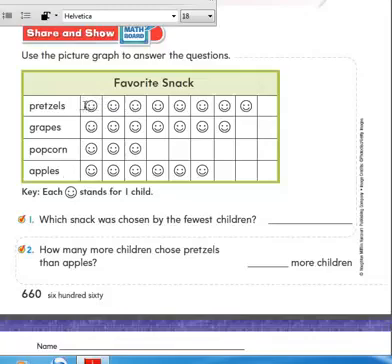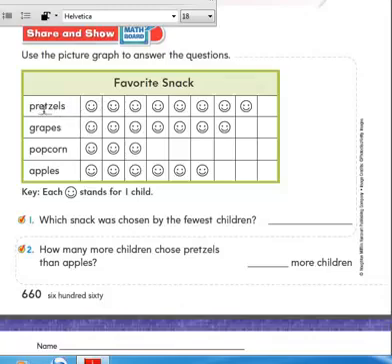And it put in each row some pictures, right? So each picture here represents what? I can get the key from the title, we said. The title is favorite snack. So each picture represents how many students or how many children choose each snack.